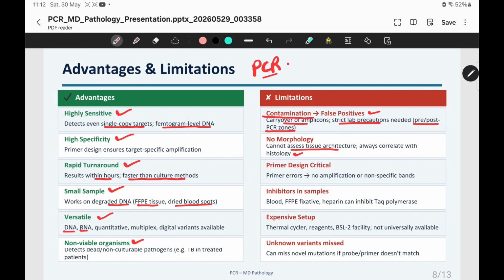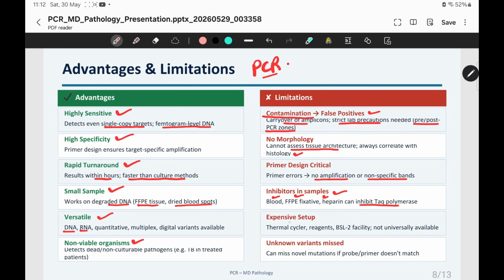The primer designing is critical, because if an error happens in primer designing, then amplification will not happen and it will not give specific bands. If inhibitors in the samples are present, then they can inhibit Taq polymerase enzyme. The inhibitors can be blood, FFPE fixative or heparin.